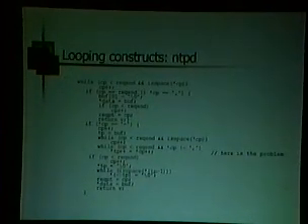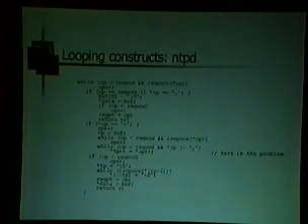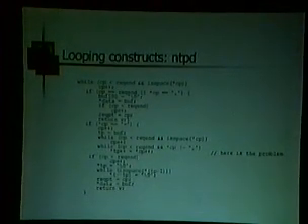Okay, first example, we're going to look at NTPD. As you can see here, there's a loop that fails to terminate at the end of the buffer, resulting in a buffer overflow.